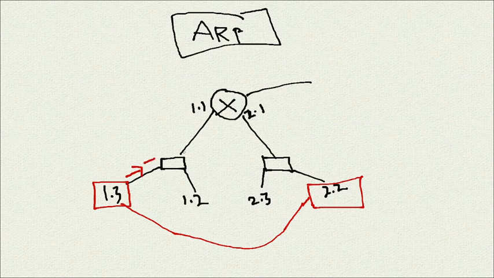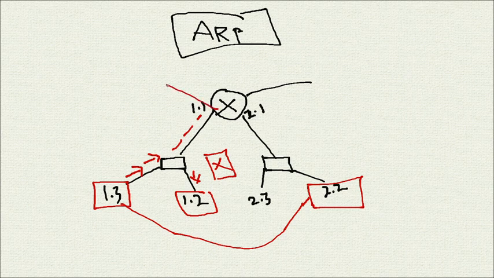It will be broadcast. The ARP request has the 1.2 and 1.3 IP addresses also. If it is not for it, it will drop the packet, and then it goes to the default gateway. The default gateway has to open its ARP table.